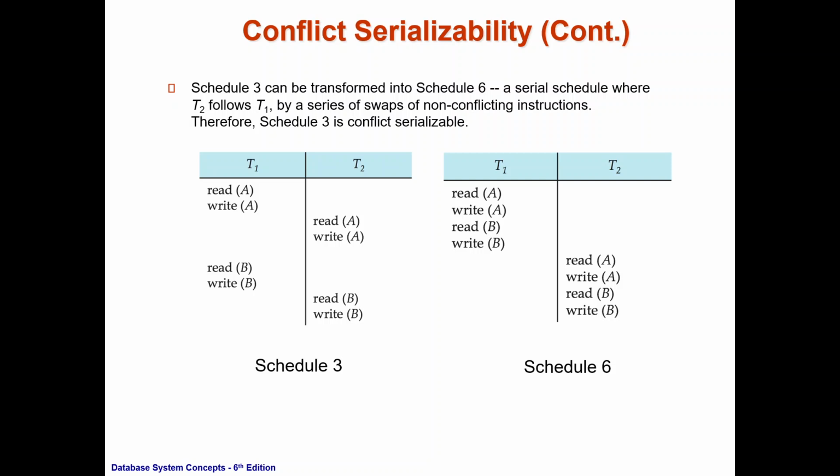This is called a serial schedule, T2 followed by T1, by a series of swaps of non-conflicting instructions. Therefore, schedule 3 is conflict serializable.